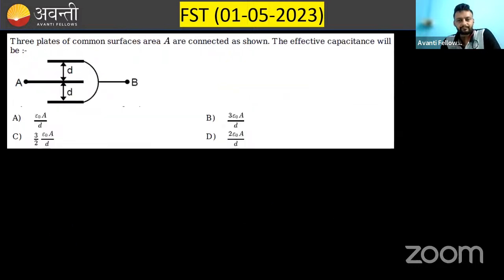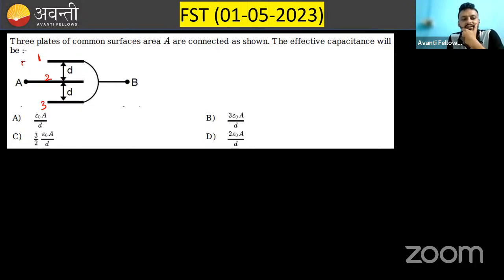Moving further. Okay, 3 plates of common surface area A are connected as shown. The effective capacitance, now 3 plates are connected. Let's suppose this is plate number 1, this is plate number 2, this is plate number 3. Now can you see that plates 1 and 2 can form one capacitor?